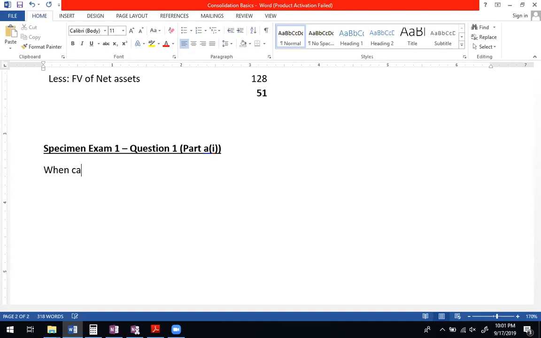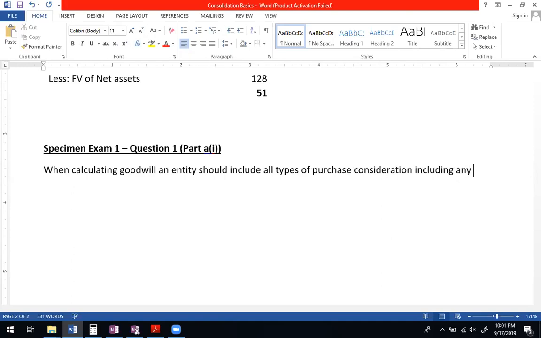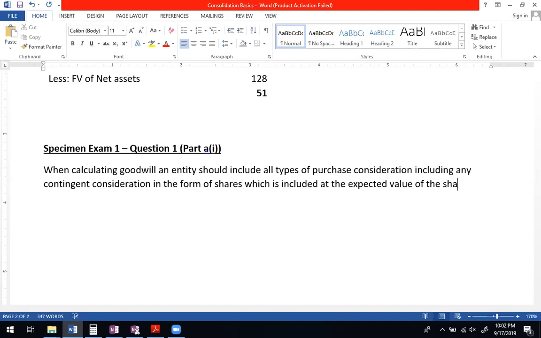And we're going to say that when calculating goodwill, we should include all types of purchase consideration, including any contingent consideration in the form of shares, which is included at the expected value of the market value of the shares.